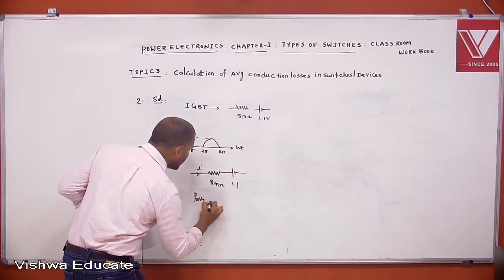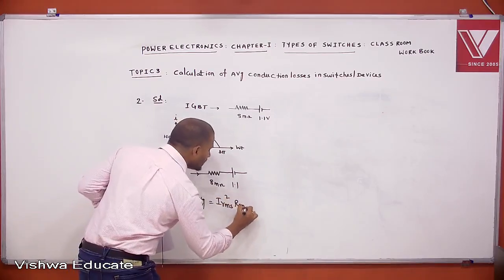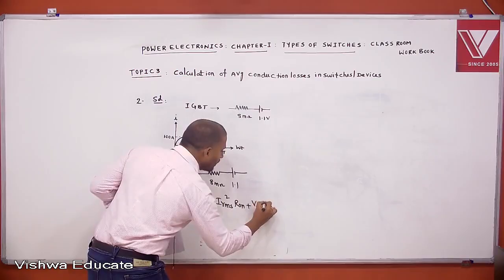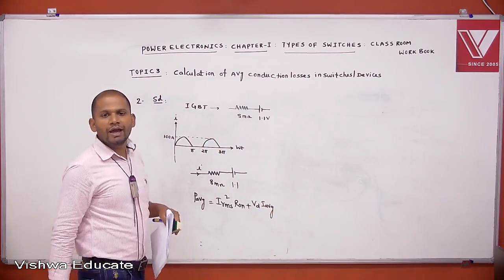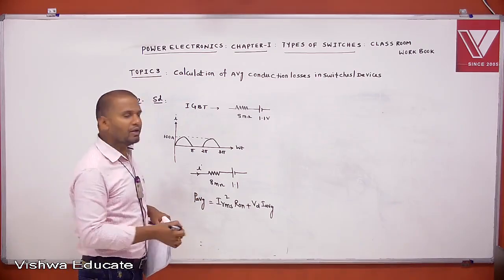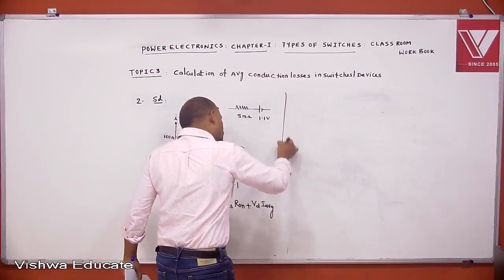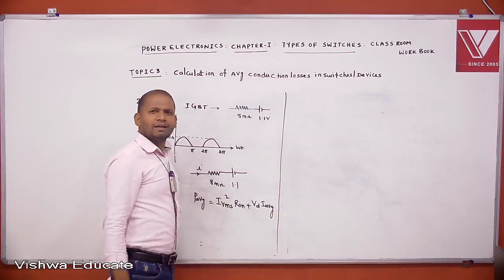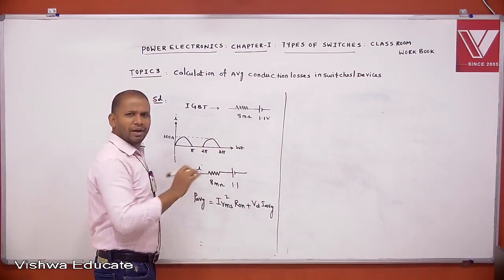I RMS square into R on plus VD into I average. That means to calculate average power loss you need the RMS and average value of this waveform. Later on I will give the proof in the discussion of rectifiers, but here I am writing directly.